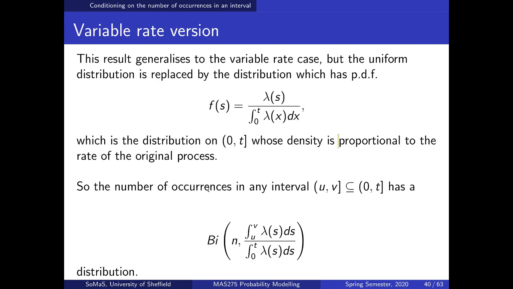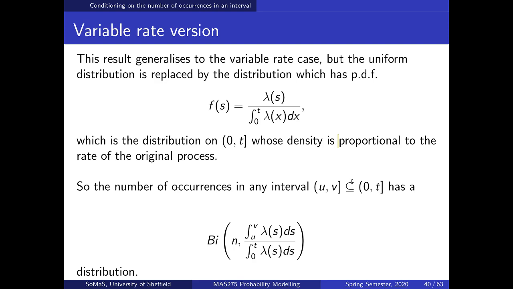So the number of occurrences in the interval uv is now binomial, but with this thing. Instead of length divided by t, replace length by the integral of lambda over the interval uv, and replace t, which was the total length, by the integral of lambda over the total interval. So it's really similar. Replace any length by the integral of the rate over the corresponding interval.